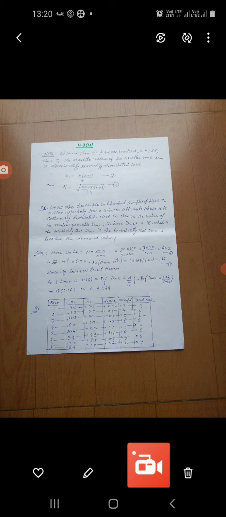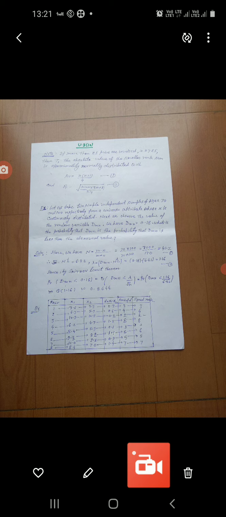These values have been obtained from the table which is given at the end of your book. Thus Q of 1.16 is equivalent to 0.8644. So this is the probability that Dmn is less than the observed value, equal to 0.8644.